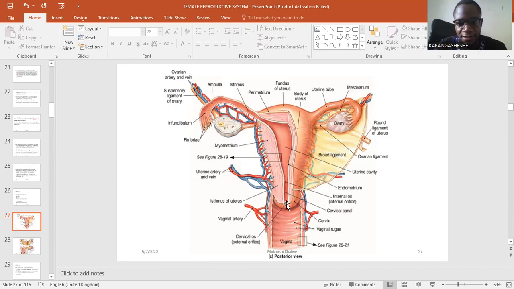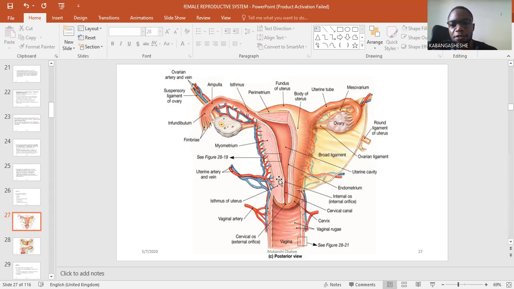In addition, the shape of the uterus is said to be like a pear. There's a fruit known as a pear that resembles the uterus. It's broad superiorly and narrow inferiorly. So those are the parts of the uterus: fundus, body, and cervix. Connecting the cervix to the body is the isthmus.